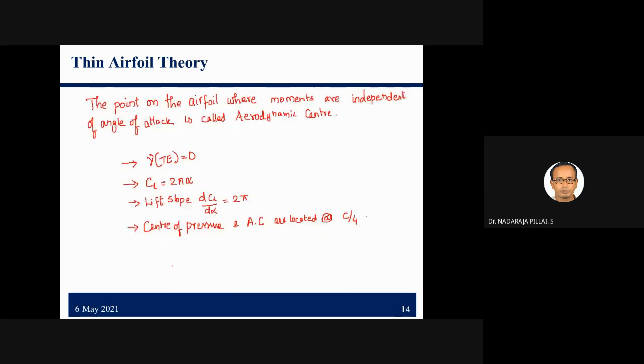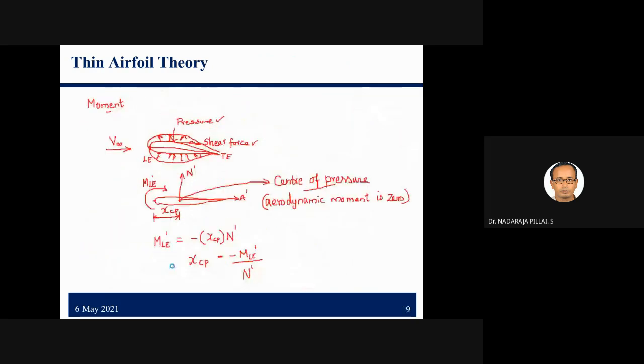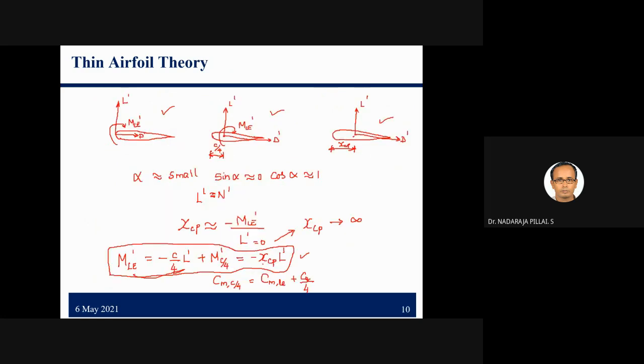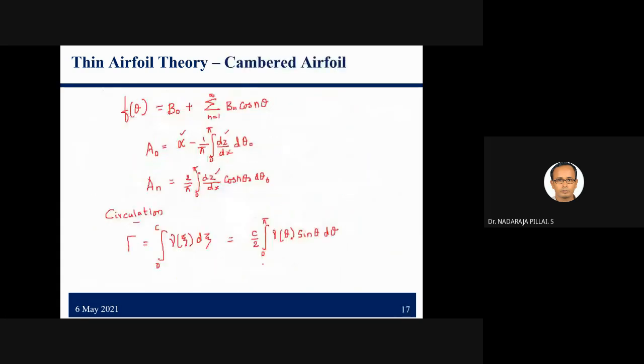Now, one can imagine and say, what will be the alpha L equal to 0 for a cambered airfoil? Is it positive or negative? From the graph, say this is the positive angle of attack, and this is negative angle of attack. So for cambered airfoil, alpha L equal to 0 will be negative.